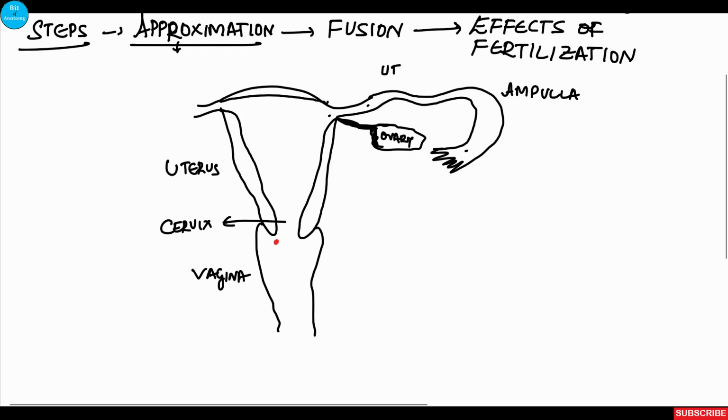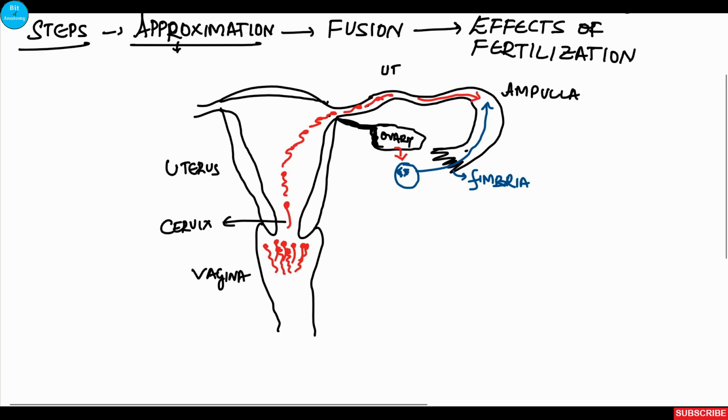During sexual intercourse, around 200 to 300 million sperms are deposited in the female reproductive tract, or in the vagina. During ovulation, the secondary oocyte along with its coverings is released from the ovary, which is taken up by the fimbriated end of the uterine tube and it reaches the ampulla. And the sperms should travel through the entire uterus and various parts of the uterine tube to reach the ampulla.